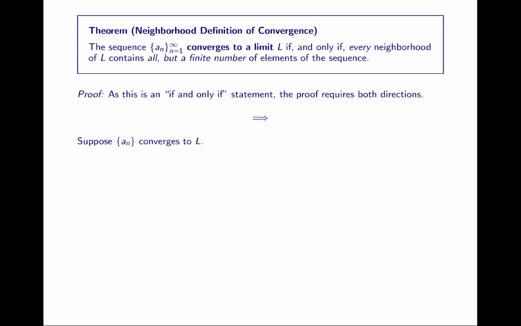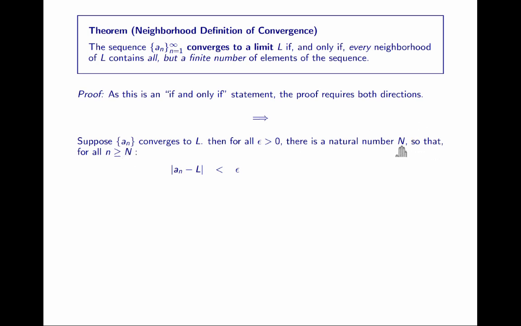Okay, so now that we understand the idea, let's give a rigorous proof. Suppose a_n converges to L in the original definition sense. Well then, by definition, for all positive epsilon, there's a natural number big N, so that for all n greater than or equal to big N, the difference between my sequence entry and L is less than epsilon, so long as my index little n is bigger than or equal to big N, right?